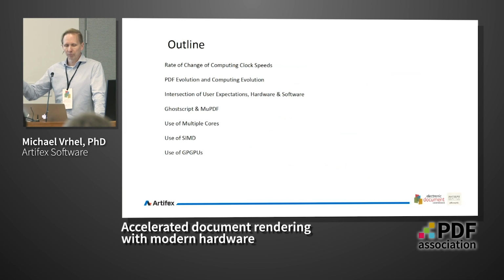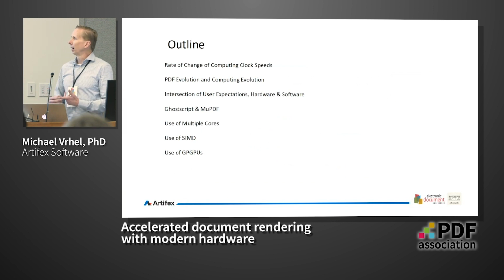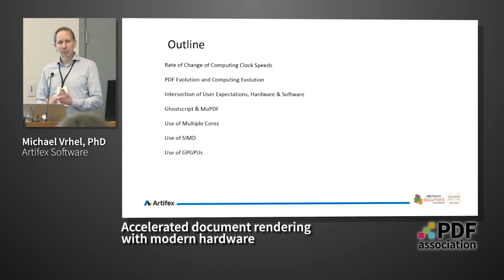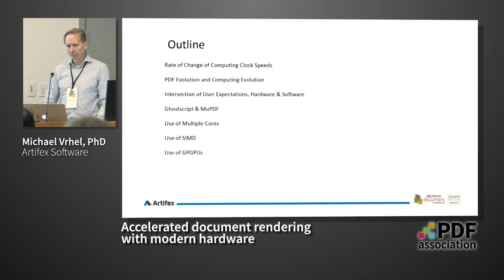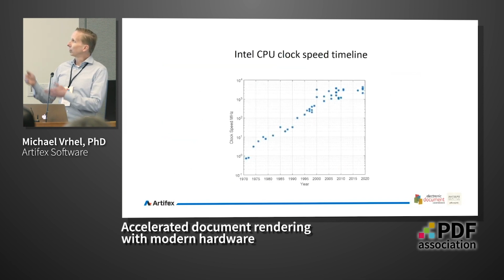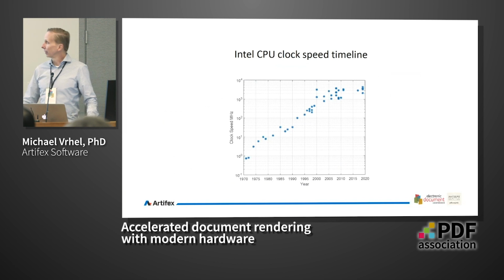The advantage of being open source is that it's straightforward for anyone to grab this code base and play with it to do these types of implementations. The three areas we focus on are the use of multiple cores for rendering, the use of single instruction, multiple data hardware for acceleration, and then briefly the use of general purpose graphics processing units for acceleration.